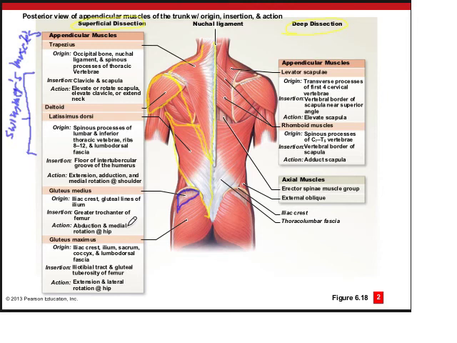And what does he do? He abducts and medially rotates the leg at the hip. Or, if the legs are still, he can abduct and medially rotate the trunk.